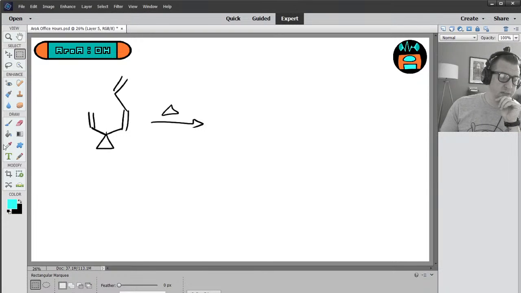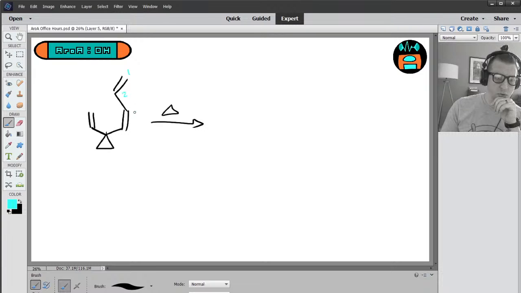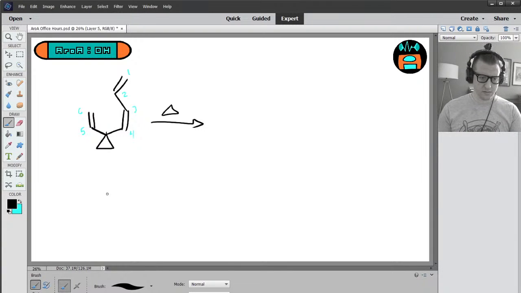So this would be carbons 1, 2, 3, and 4, and this would be carbons 5 and 6. That would form the ring. And if you look at it, I'm going to redraw this to look like our usual Diels-Alder.